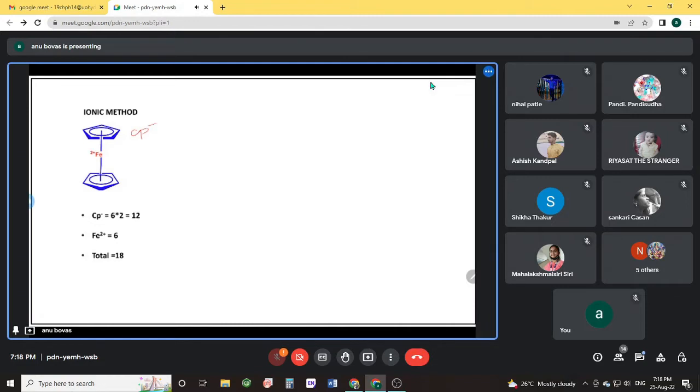So it will donate 6, and since 2 Cp is there, it will donate 6 into 2, 12 electrons, and since Cp is in negative charge, Fe will be Fe2 plus and it will donate 6 electrons. So totally from 2 Cp it will have 6 electrons each and Fe2 plus will also donate 6 electrons, totally giving 18 electrons.